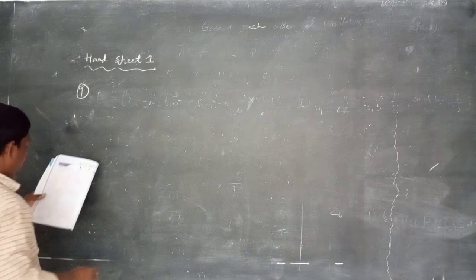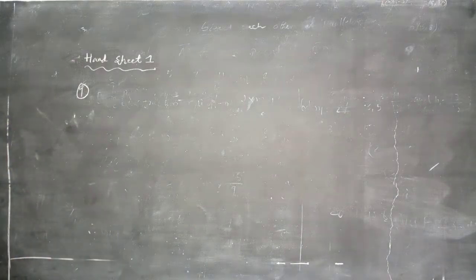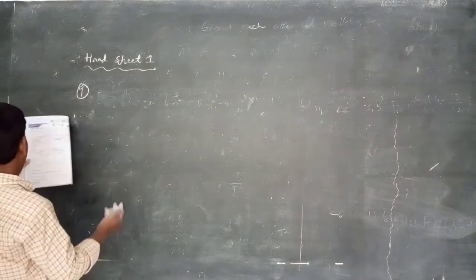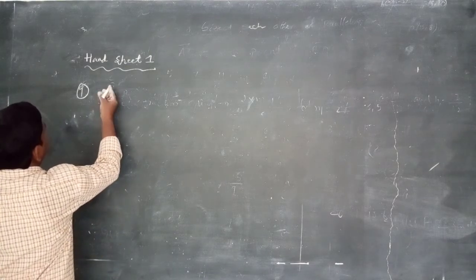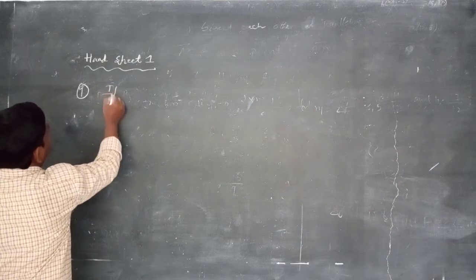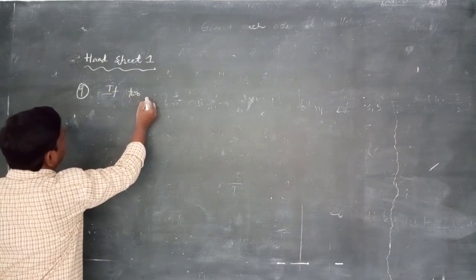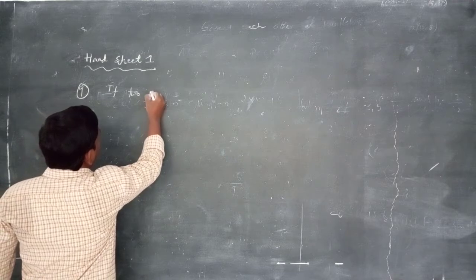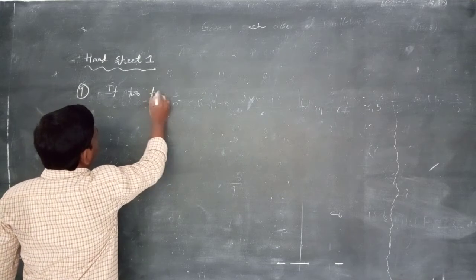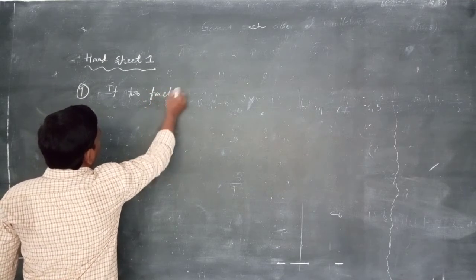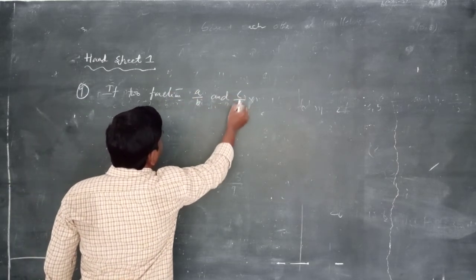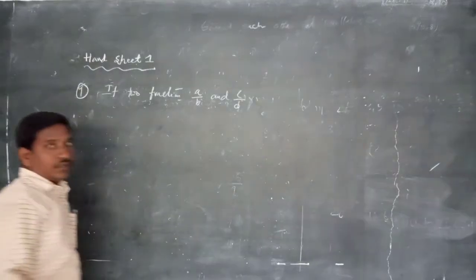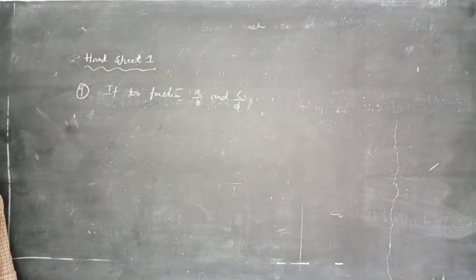Ninth problem. If two fractions a by b and c by d.